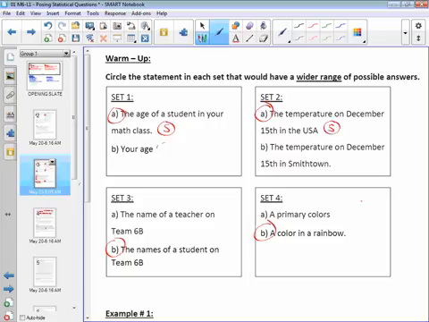Michael, what about temperatures on December 15th in Smithtown? Or if you have the version of December in general in Smithtown, is it statistical or not? Why do you say no? There's a certain days and one area. Be careful. Makuto, what do you say? Why do you say statistical? Because there's more states.